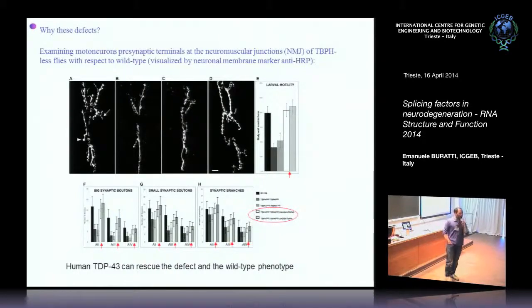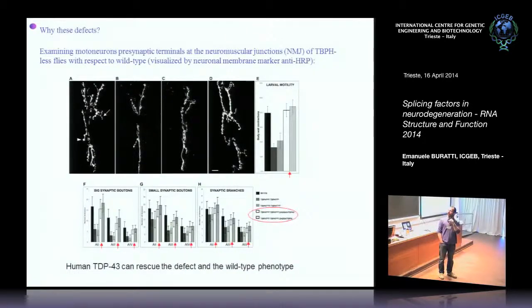And what is even more interesting, from the point of view of using this model to mimic the disease, is that if you put back the human TDP-43 instead of the wild-type Drosophila protein, you recover the original architecture of the neuromuscular junctions, and you also recover the motility.